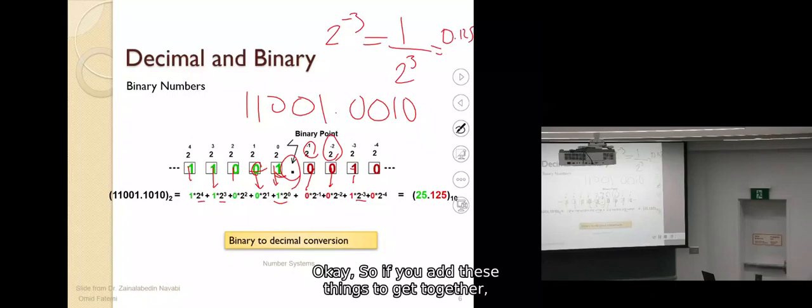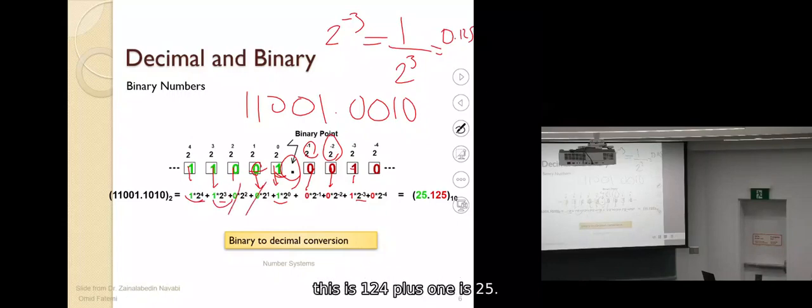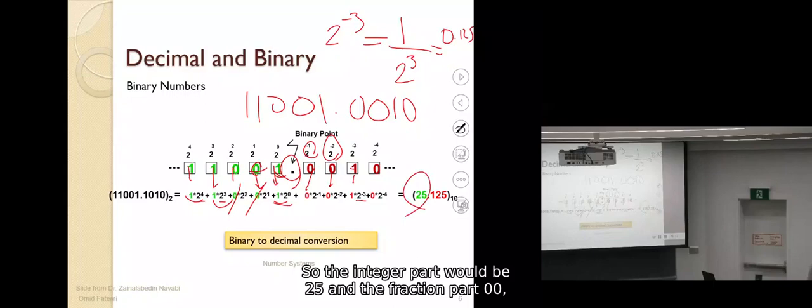Okay? So if you add these things together, 1 times 2 to the 4 is 16. 16 plus 1 times 2 to the 3 is 8. 16 plus 8 is 24. This is 0, this is 0, this is 1. 24 plus 1 is 25. So the integer part would be 25.